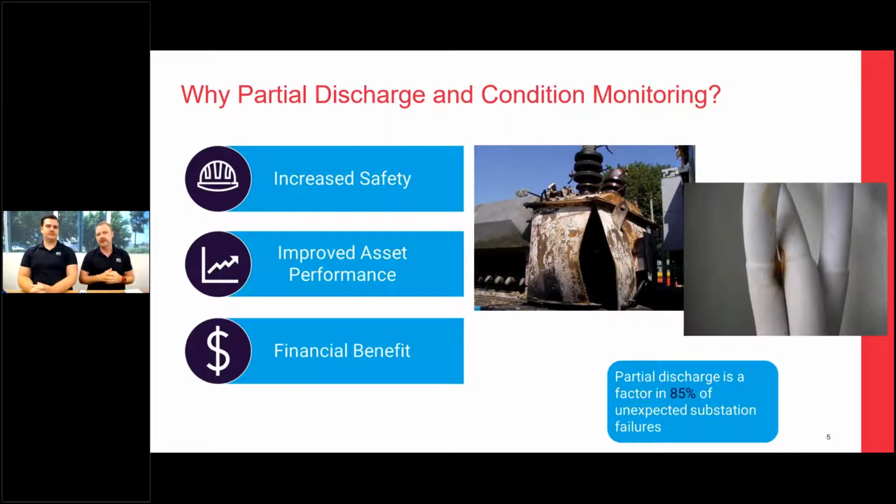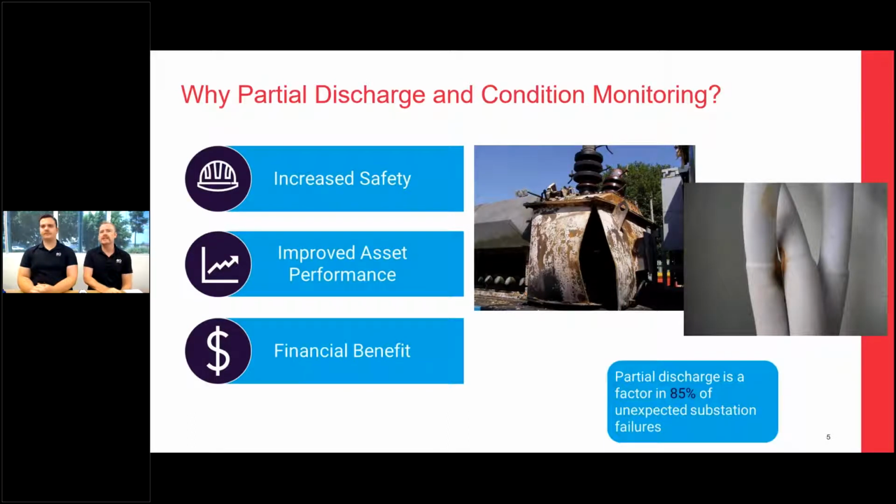Okay, so obviously failures are a big risk, a big explosion, a big production shutdown, a big money cost to businesses, but there's also a high voltage explosion. So what it will do is it will increase your safety. It'll increase the safety to your workers, the people that are working around your high voltage assets, with your high voltage assets, the safety of the general public that are nearby.